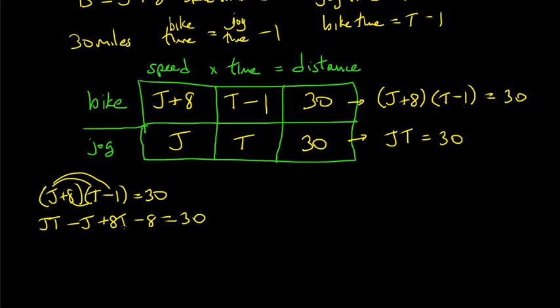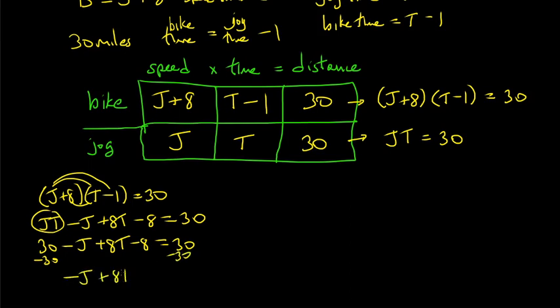But before you add the 8 to both sides, remember j times t is equal to 30. So it's the same 30 on both sides, right? So you can subtract the 30 from both sides, and you get negative j plus 8t, and then adding the 8 to both sides equals 8. So 8 times t minus j equals 8. I'm just copying that down here and putting the positive in front.